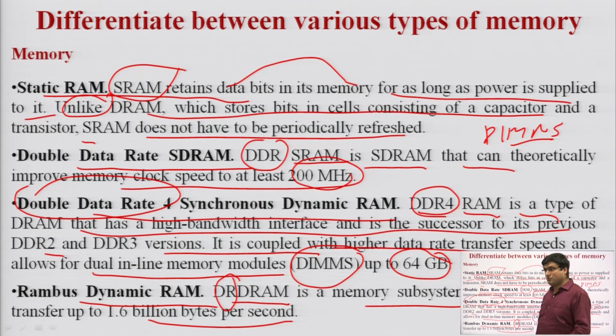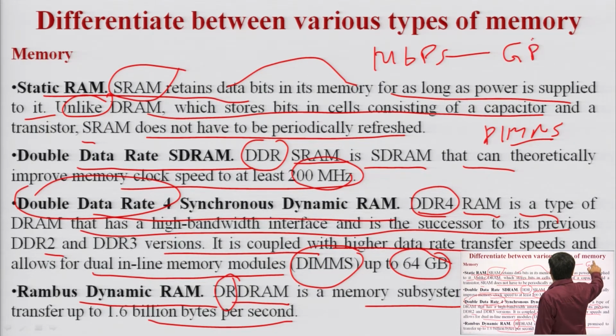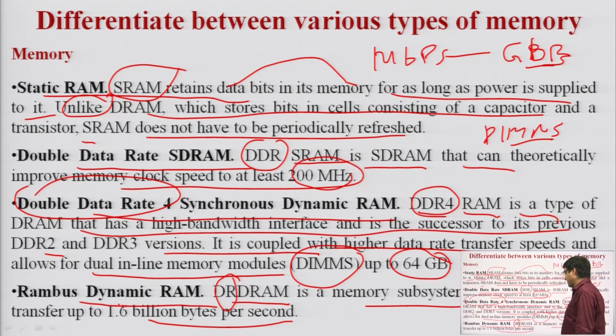In the previous memories we are talking about, the transfer rate goes from megabytes per second to gigabytes per second. But in Rambus dynamic RAM, it has a data transfer rate of up to 1.6 billion bytes per second. This is much larger. In 1 second, you can transmit information of up to 1.6 billion bytes.